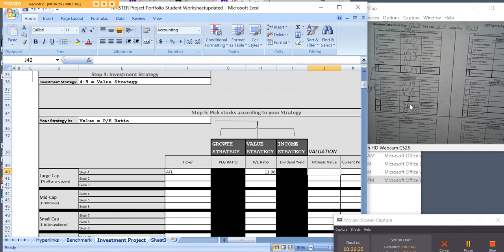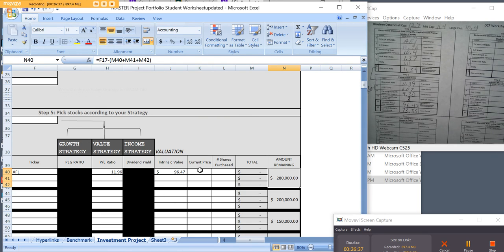And the intrinsic value is $96.47. Its current price, let me arrow over here. Its current price is $73.35.